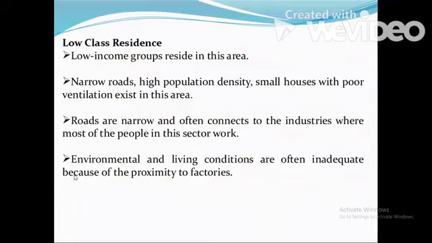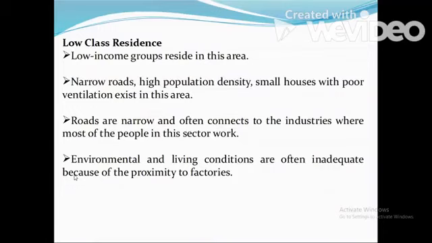Then we come to the low class residences. In the low class residences, the low income groups reside, and the environment is not very good. Degradation of the environment is found over here. There is high population density, because all the low class people tend to settle over here for economic reasons. So no proper care is given to hygiene, and neither can people afford it, because it is generally found in a sort of ghetto.